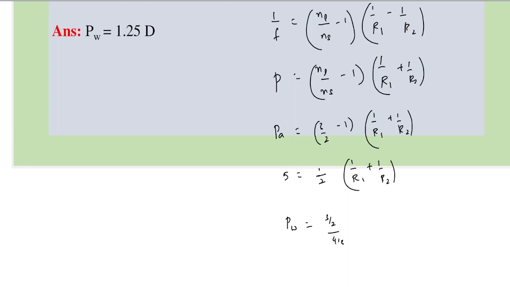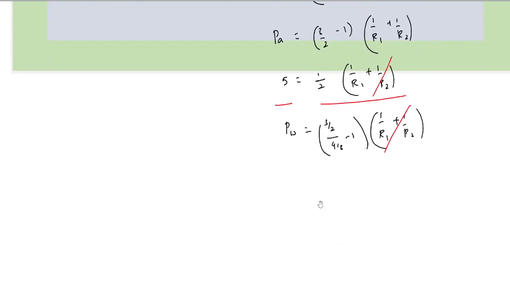So it is 4 by 3 minus 1 into 1 by R1 plus 1 by R2. If we divide these two equations, this term gets cancelled. In such numericals, it is easy to divide the terms than substituting.